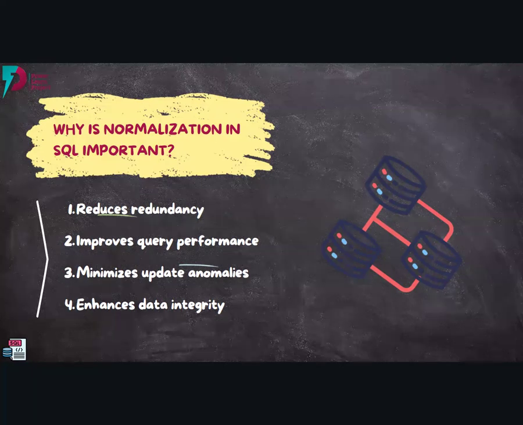Another thing, it minimizes update anomalies. With a normalized table, you can easily update data without affecting other records. It enhances data integrity. It ensures that data remain consistent and accurate.